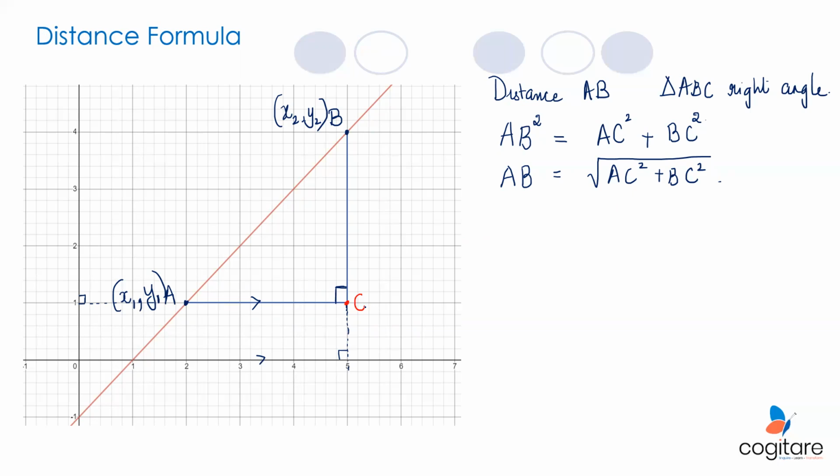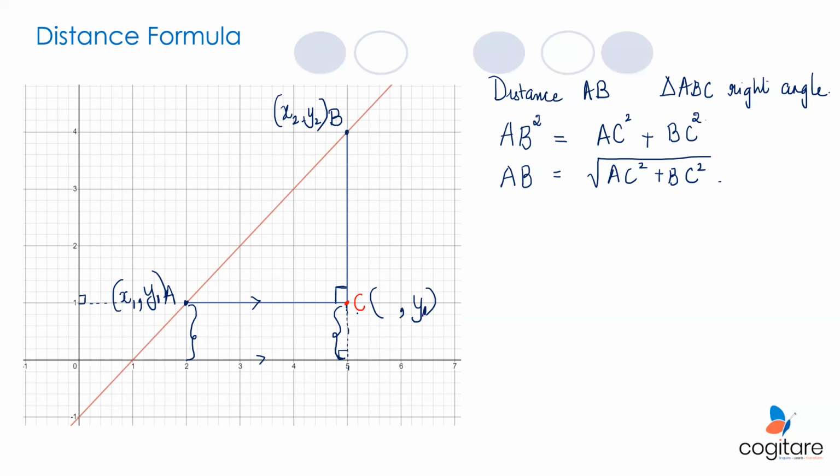Cool. So let's focus on the point C. The y coordinate of point C is actually the same as the y coordinate of point A. Can you see that? The y coordinate is always the perpendicular distance from the x-axis. Whether it is for point A or for point C, the y coordinate of both of these are the same. It is y1. Okay.